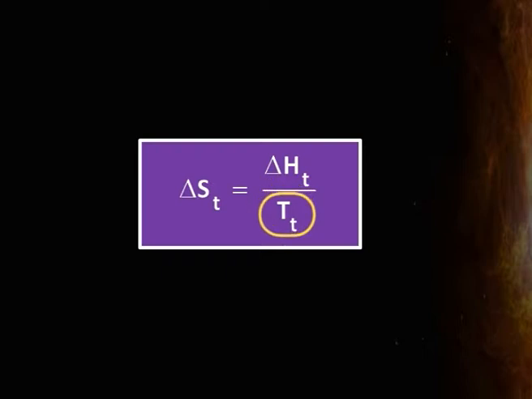This temperature is also taken in Kelvin. Here are a few examples to understand the calculation of entropy change of fusion, or we can say entropy change of vaporization also.